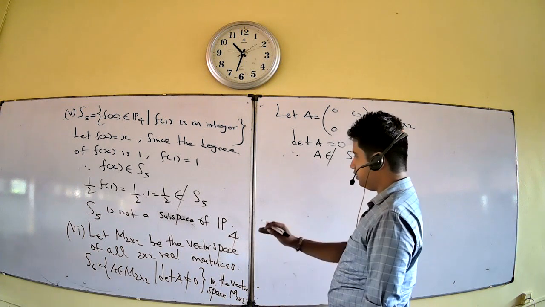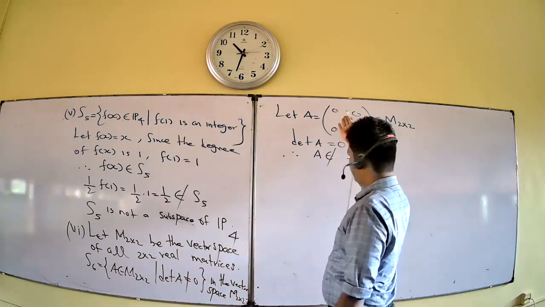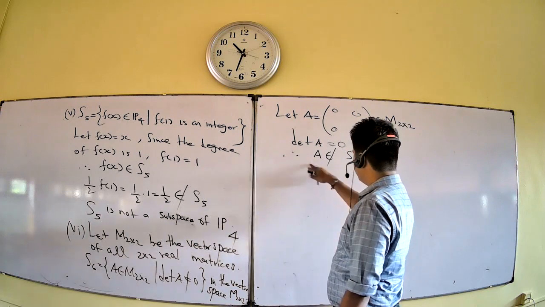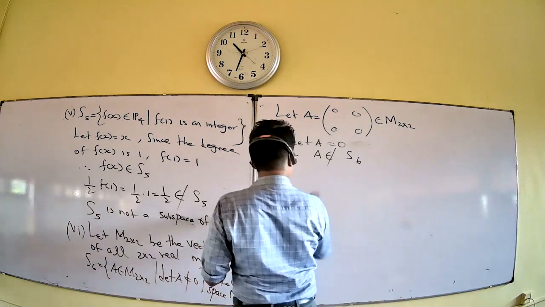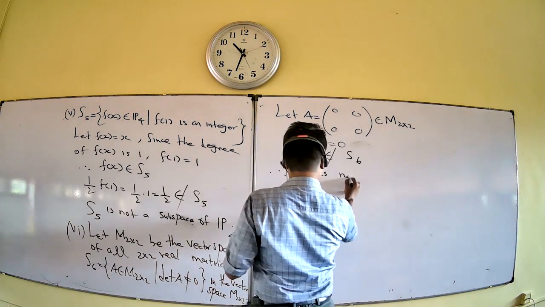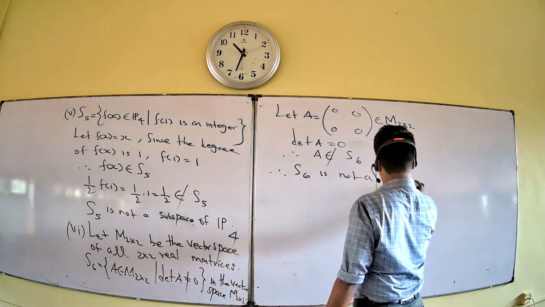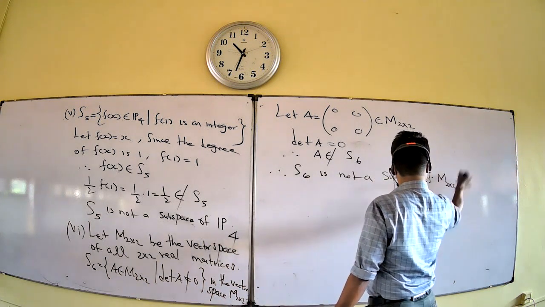A subspace means for any matrix this condition is satisfied. You take the zero matrix, which belongs to M2 cross 2, but it does not satisfy this condition. Therefore S6 is not a subspace of M2 cross 2.